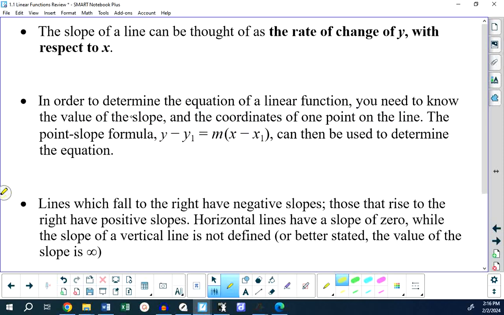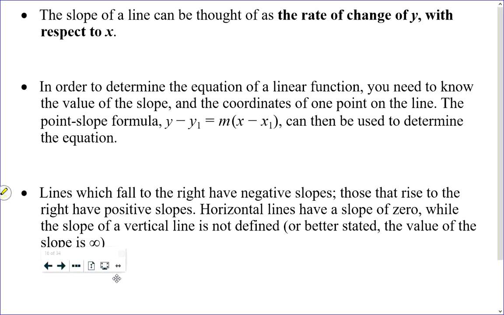Just finally, one other thing before we get to some examples. You need to know that we always talk about slope being positive or negative in terms of a line moving to the right. It's always to the right. And what I'm telling you is run is always positive. And if the rise is positive, the slope is positive. And if the rise is negative, the slope is negative.